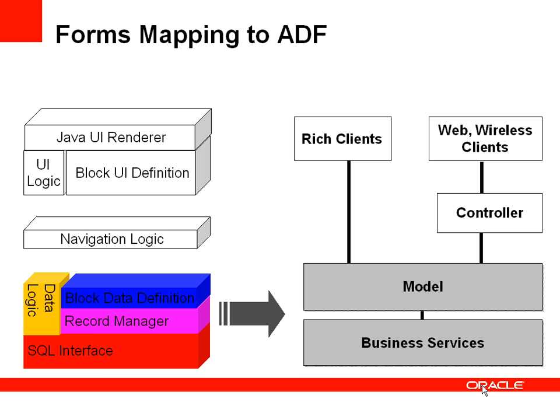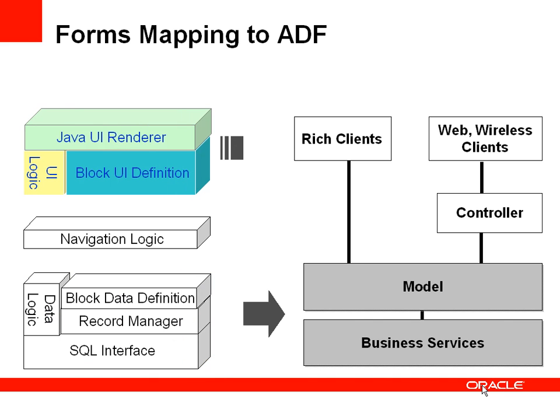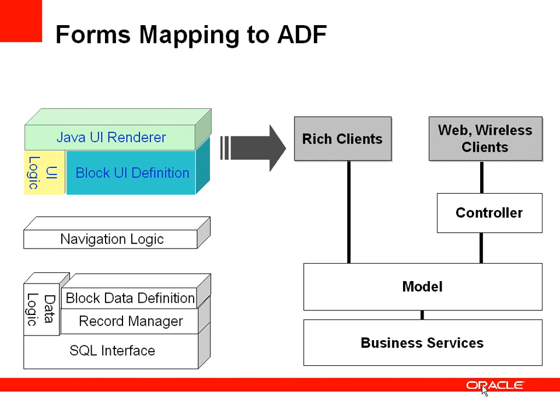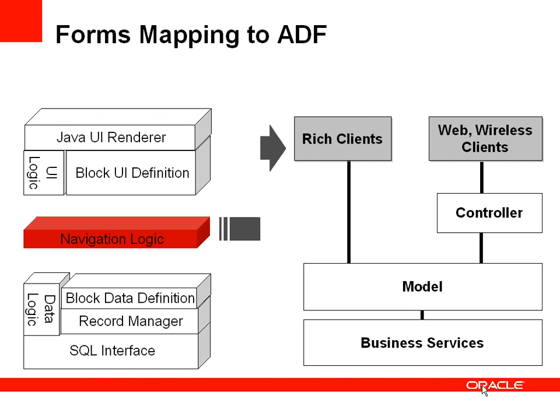The part of Forms which was responsible for querying data, the definition of your blocks, and any triggers associated with that can be broadly mapped to the business services of ADF. Any UI triggers and the definition of the UI and the classes that were used to render the user interface in Oracle Forms broadly map to the view layer of ADF as well.